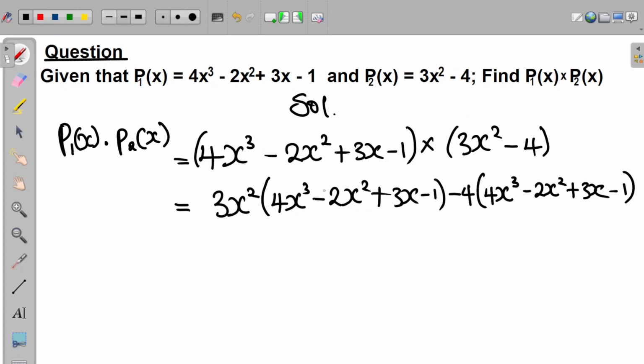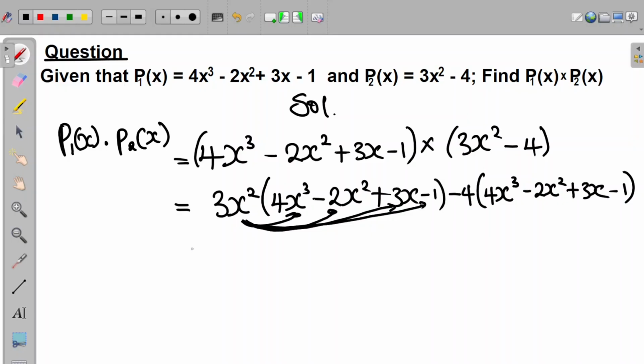Now at this point, let us expand the bracket. As usual, 3x² will multiply 4x³. 3x² will multiply 2x². 3x² will multiply 3x, and lastly 3x² will multiply negative 1.